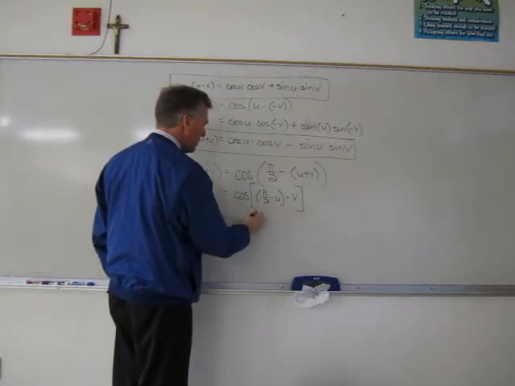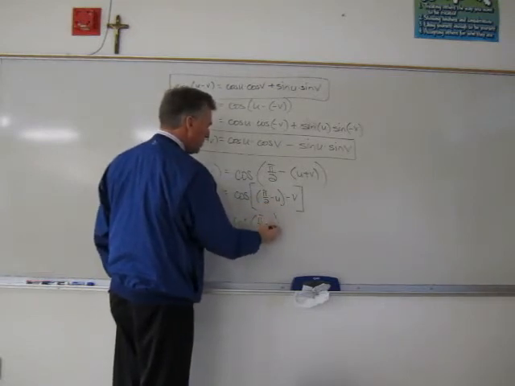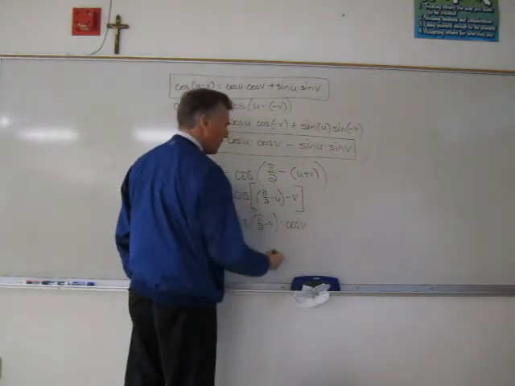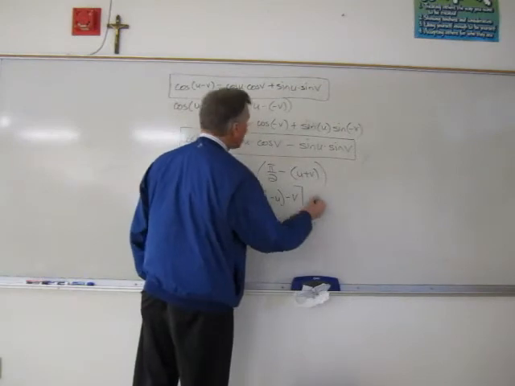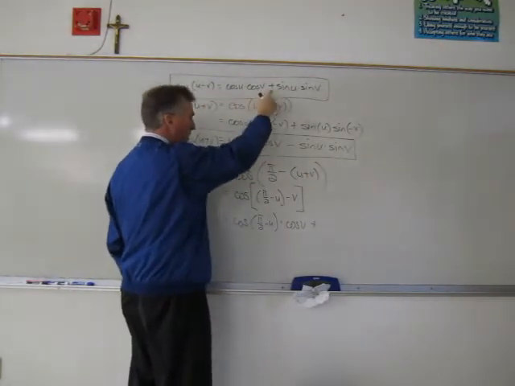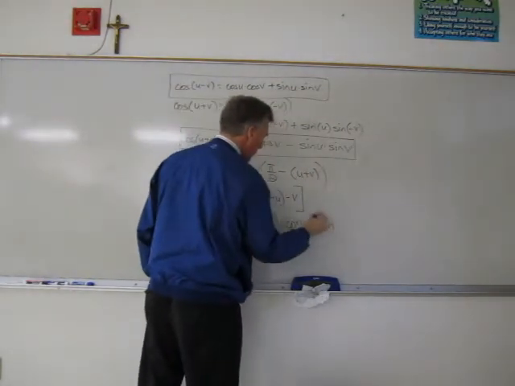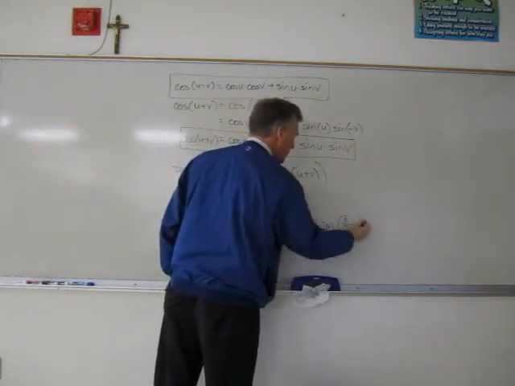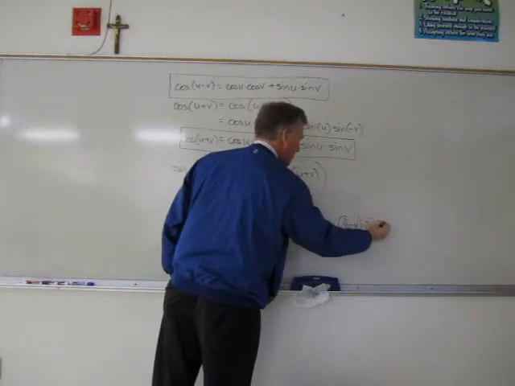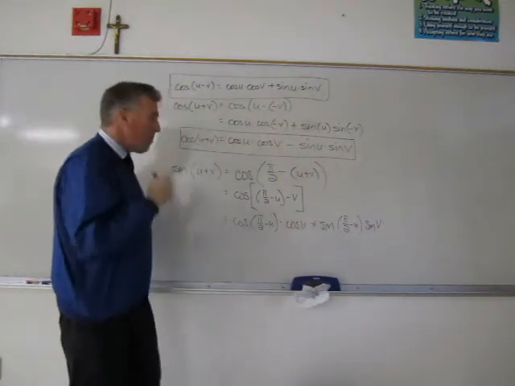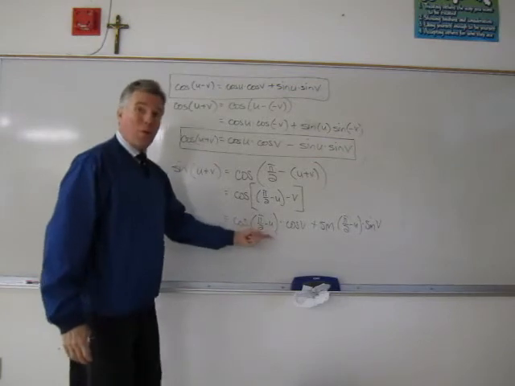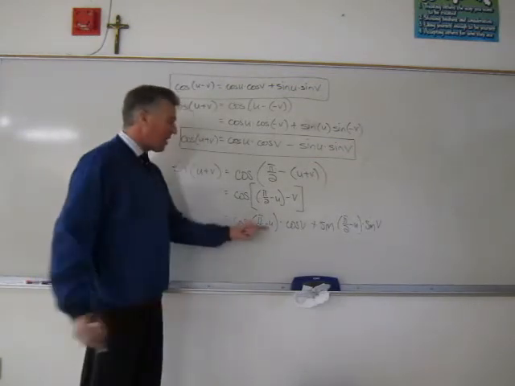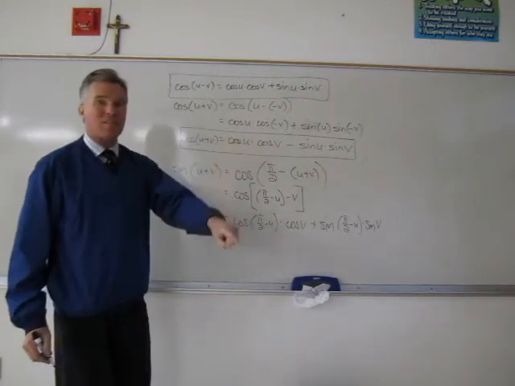So I write cosine of pi over 2 minus u, times cosine of the second angle, which is v, plus, it's minus in here, it's plus there, sine of the first angle, pi over 2 minus u, times sine of the second angle, sine v. But wait! Cofunction formulas! What is cosine of pi over 2 minus u? It's equal to sine u.